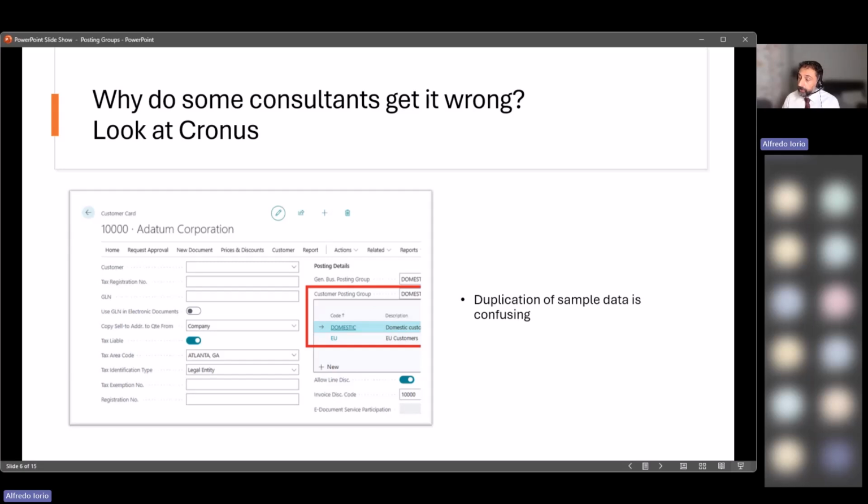Right, it's a duplication, right? You might want domestic and EU for tax purposes, not for customer posting groups. We will see that in a moment, right? So duplication of sample data.